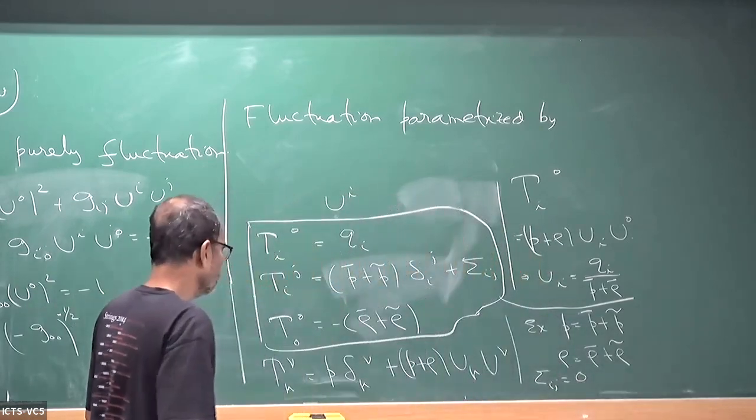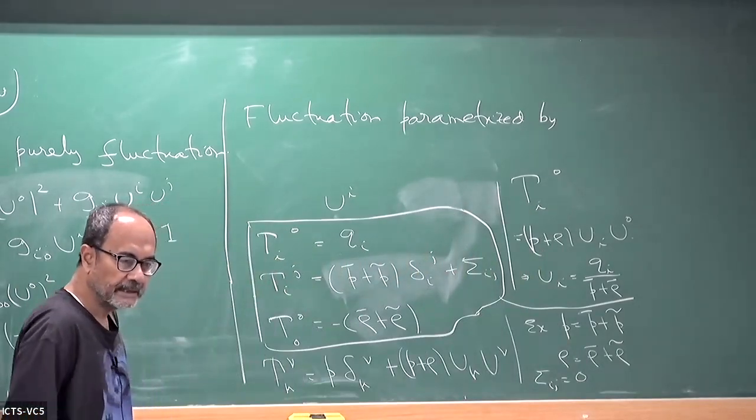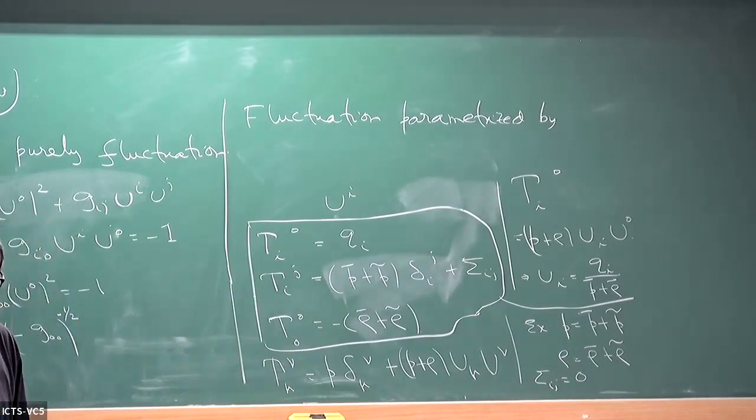But in terms of fluid, sigma has both shear and rotation. Sigma has a scalar part, a vector part and a tensor part. All three are set equal to 0. So sigma ij equal to 0 basically means all three are set equal to 0.